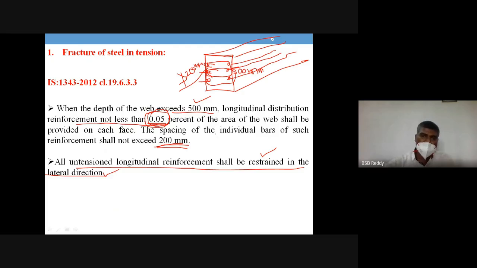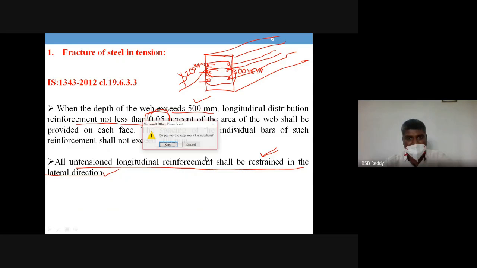Okay, and also all that longitudinal reinforcement provided shall be restrained accordingly in the lateral direction, for which the longitudinal bar needs stirrups, so provide a sufficient number of stirrups. Okay, that is the first type of failure. Okay, we'll talk about the rest of the failures in the next section.